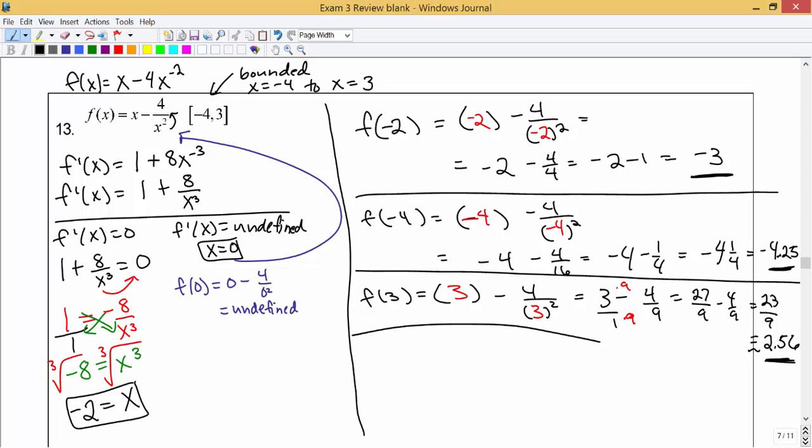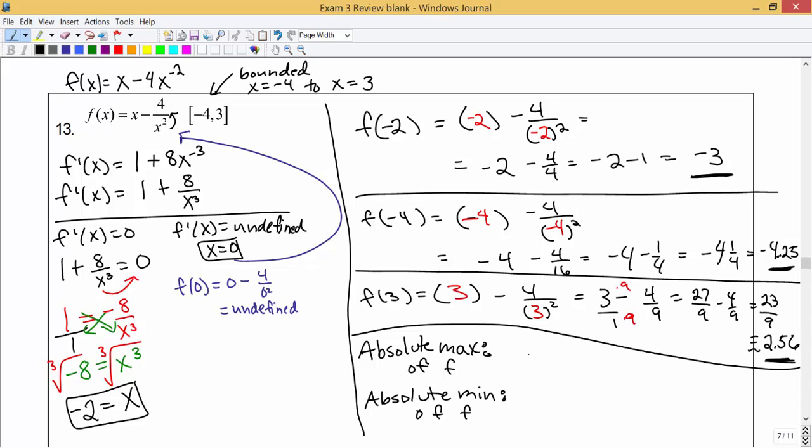Alright, so remember that we're looking for the absolute max and the absolute minimum. Remember, since we have a bounded region, we're going to be able to find both. So the absolute max of the function f on this interval, and of course it's important that we're talking about on this interval.